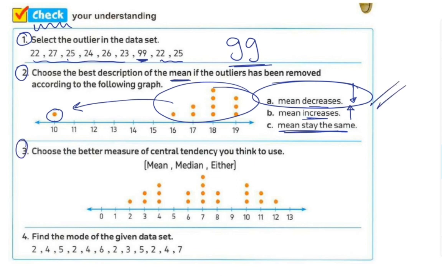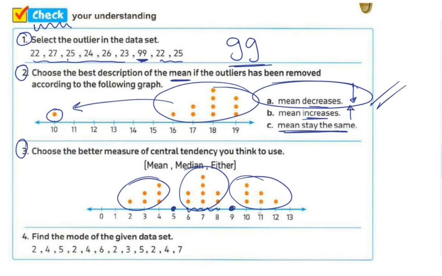Point 3. Choose the best measure of central tendency you think to use. Okay. Look here. This group is like this group, and this group is in the middle of these two groups. Here we have 9 empty and 5 empty.